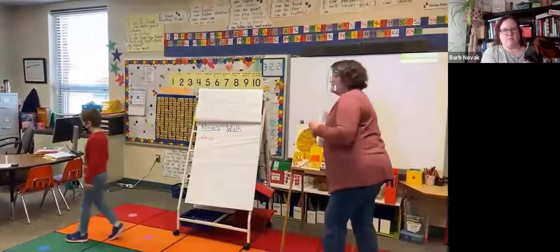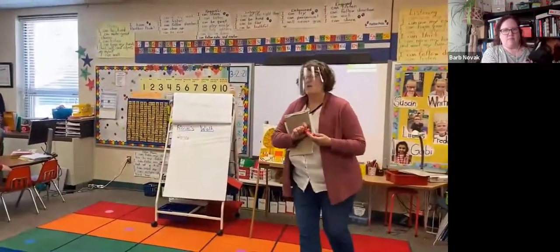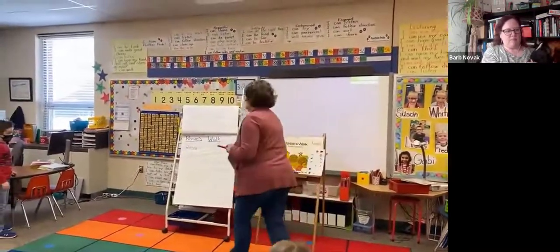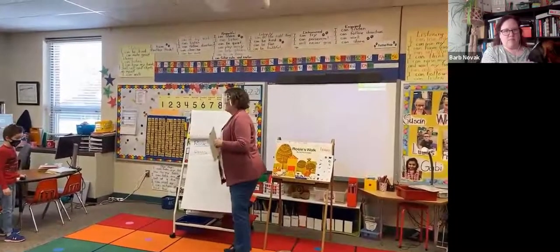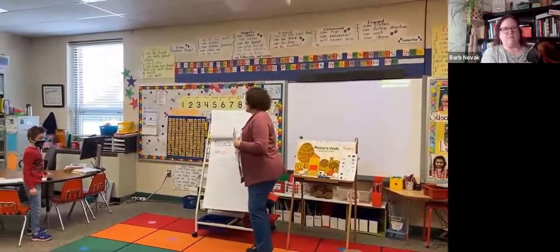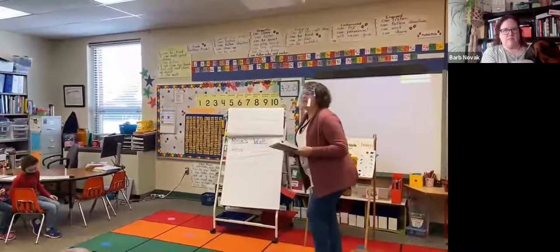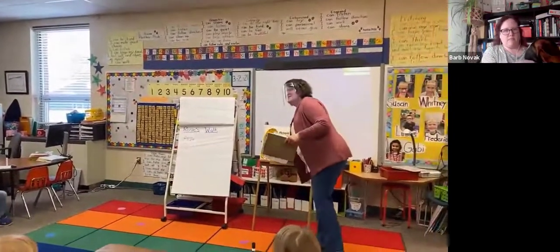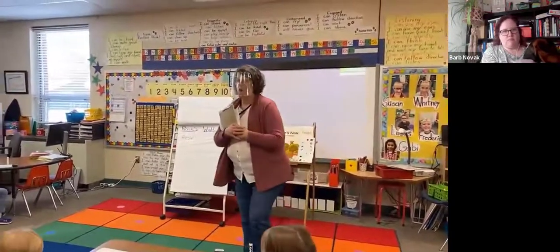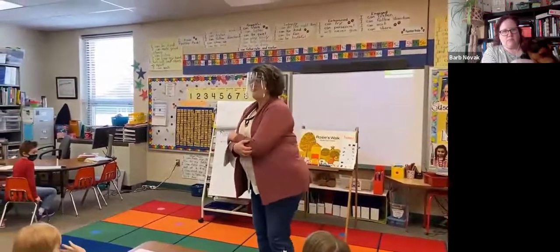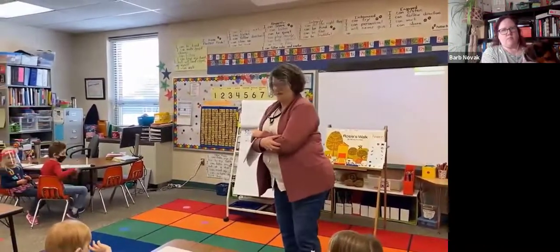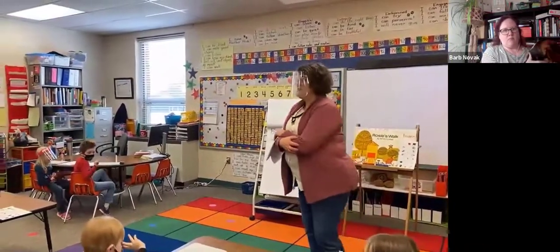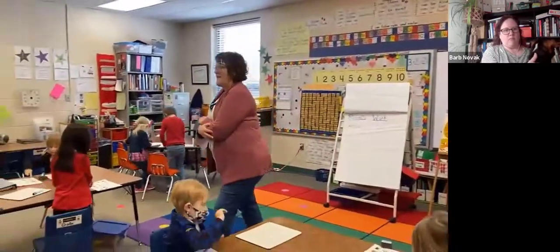Okay, kindergartners, what's our next word? Walk. Rosie walk. Went. Let's say that word slowly. Went. What do you hear first? Find it on your ABC chart. Aram.